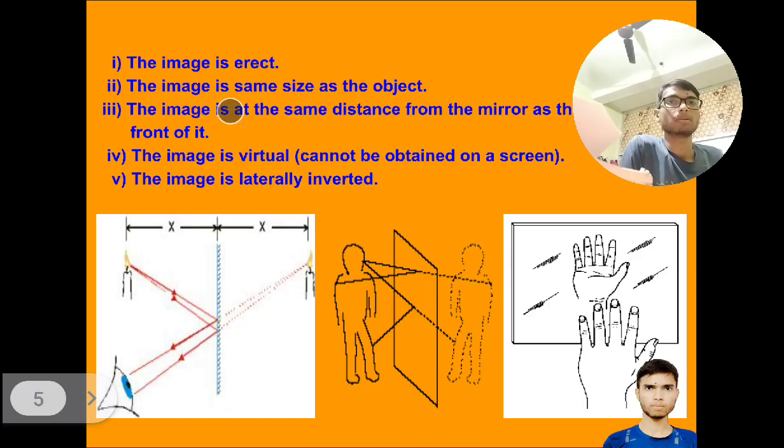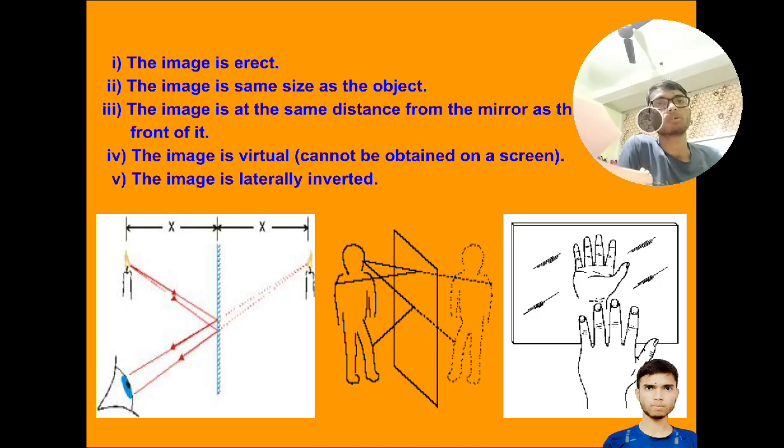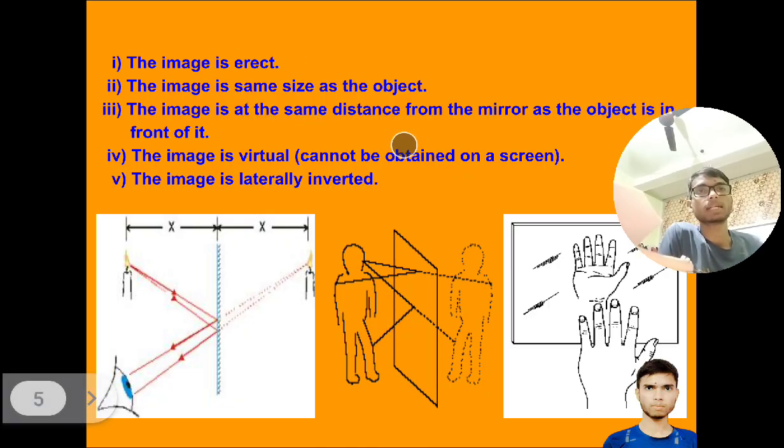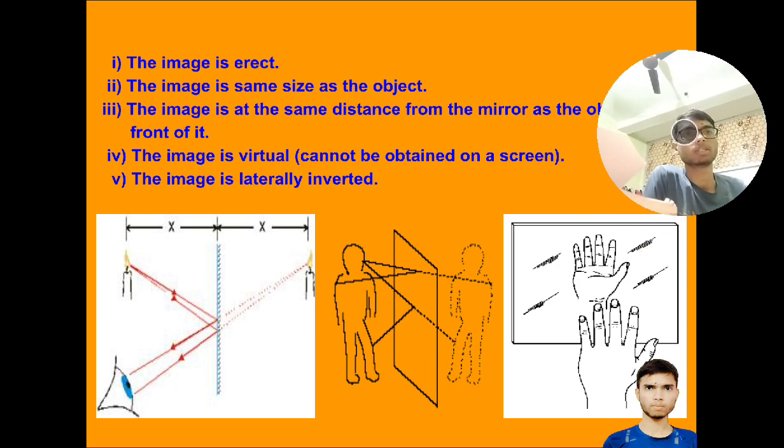Next, the image is the same size as the object. Yes, the size of this would be the same as the object has. The image is at the same distance from the mirror as the object is in front of it.